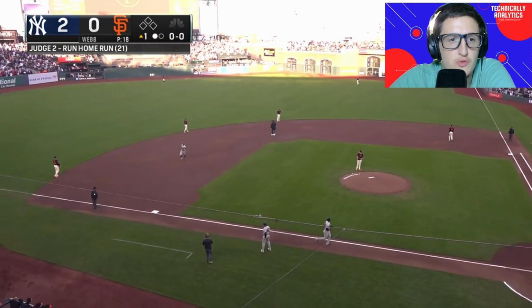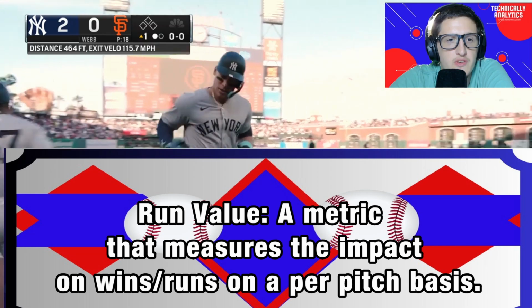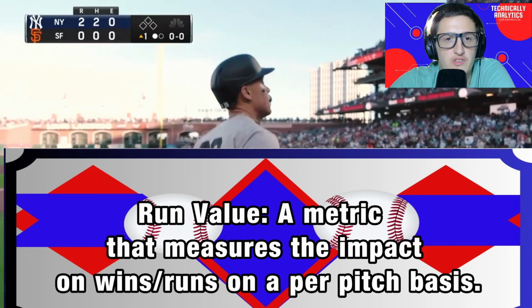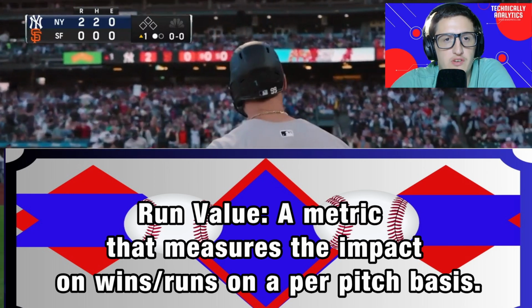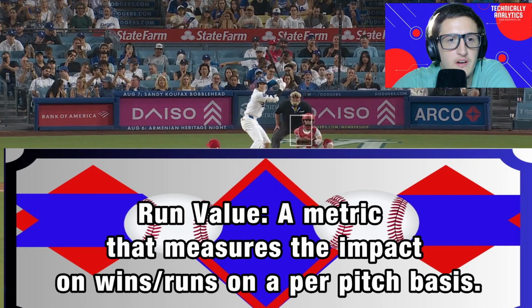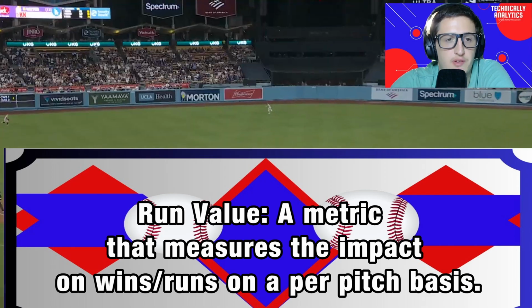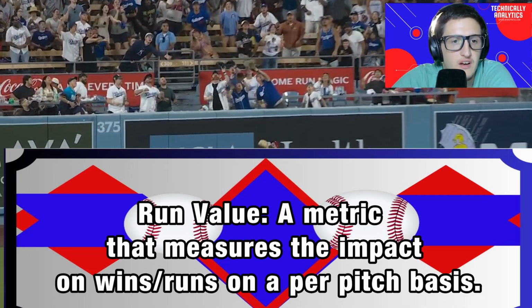Now these two, or a couple stats, are from Baseball Savant. Run value is a metric that measures the impact on wins and runs on a per pitch basis. From a batter's view, a positive run value on a fastball and a negative run value on a slider would mean that player is better at hitting fastballs than sliders. My example for this is going to be Shohei Ohtani.